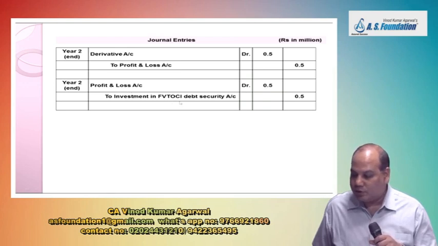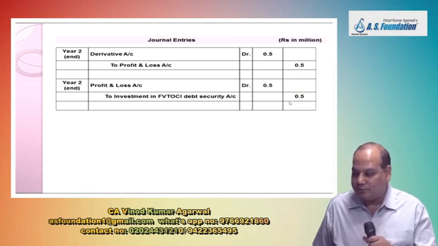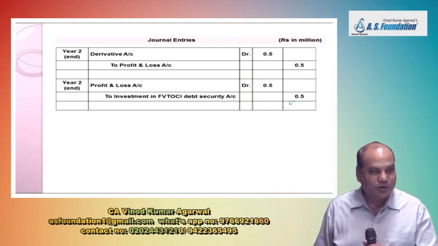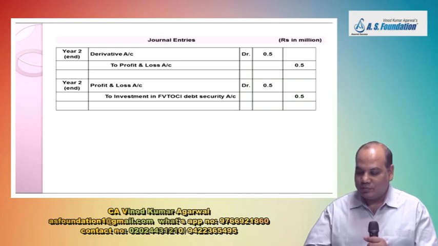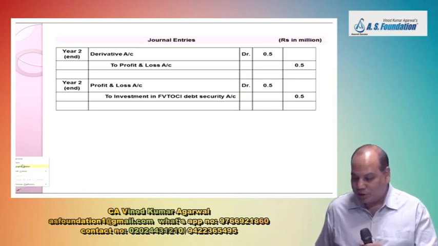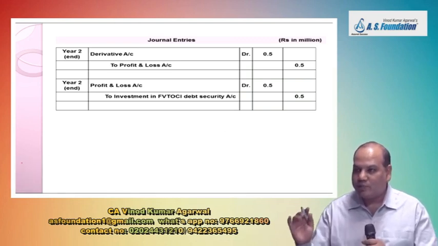P&L account debit 0.5 to investment in FVT OCI debt security 0.5. Now suppose in this question, instead of debt security, it was mentioned equity security. Then both P&L entries will become OCI. Keep that much in mind.